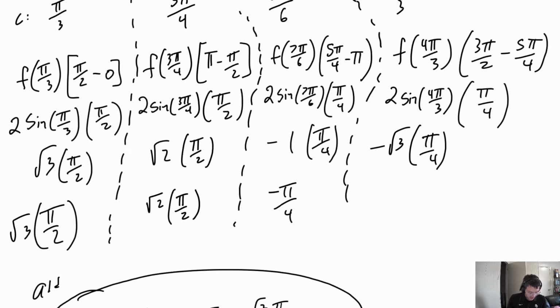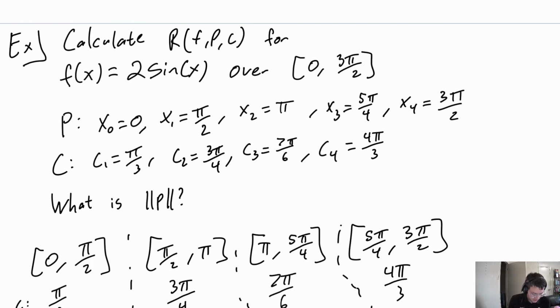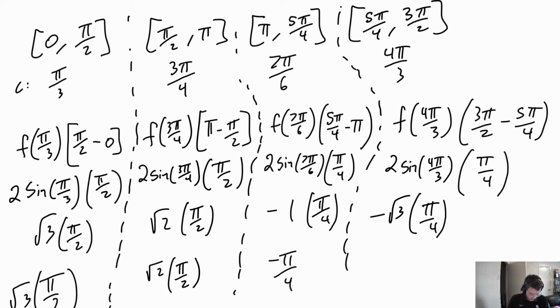So with that in mind, let's take a look back at this question, where we're supposed to calculate the Riemann sum of this function with these partition points. What's the norm of this partition? Well, the norm, of course, is the length of the largest subinterval. What are the lengths again?